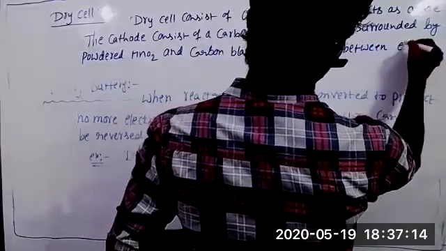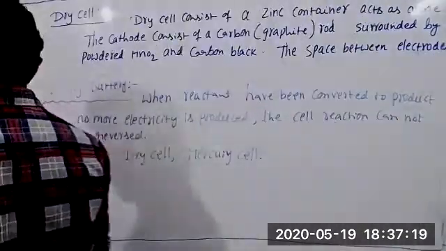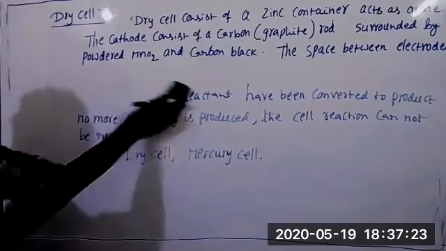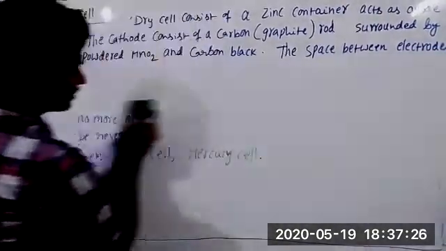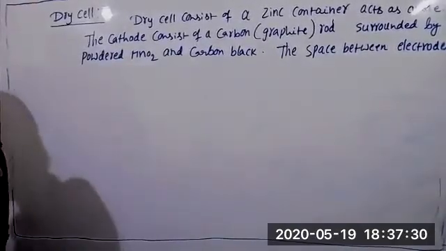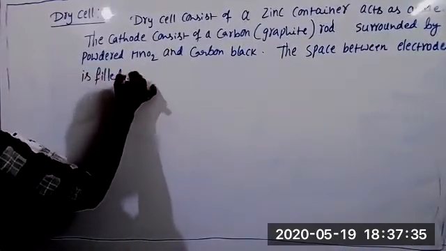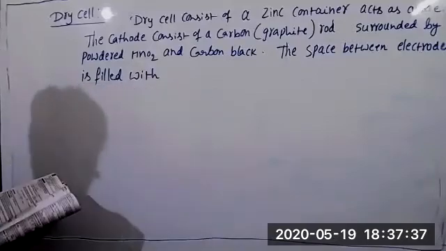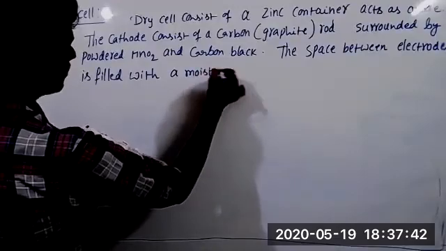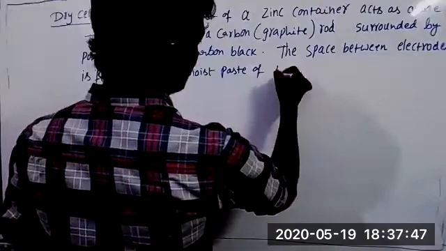The space between the electrodes is filled with a moist paste of ammonium chloride and zinc chloride.